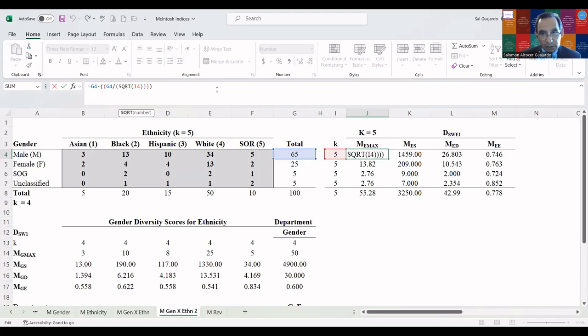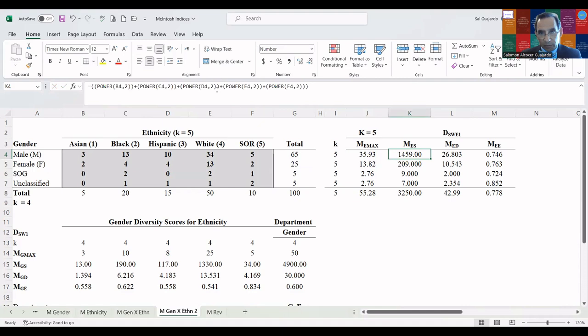There are 5 ethnic categories. So that gives me a value of 35.93, and I am using the frequencies. Recall that I said that if you use the frequencies, the numbers get extremely large for the Simpson similarity index, and also for the diversity scores.